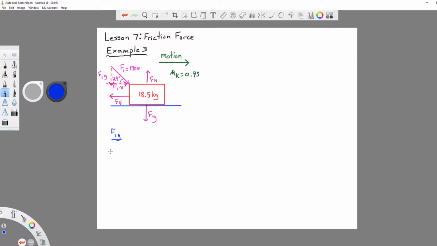So we can say sine of 24 is equal to opposite F1y over hypotenuse, which is our force, 190 newtons. So F1y works out to 77.28 newtons. And we can also give that the direction because it's going down. So it is down.